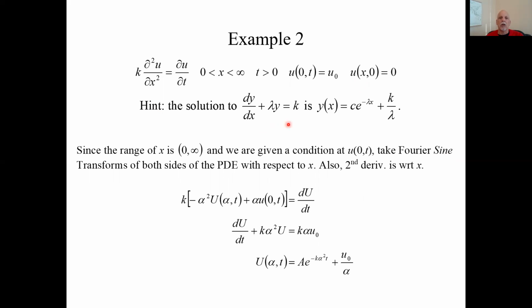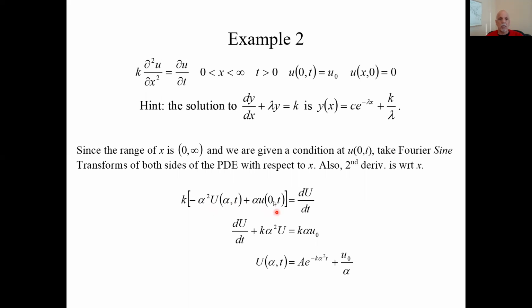I give a hint here because we're going to encounter an ordinary differential equation that isn't on our formula sheet. When I do that to my students, I give it as a hint in the problem. So let's look at that. K times, what is this for using the sine function? Go back to our formula sheet.